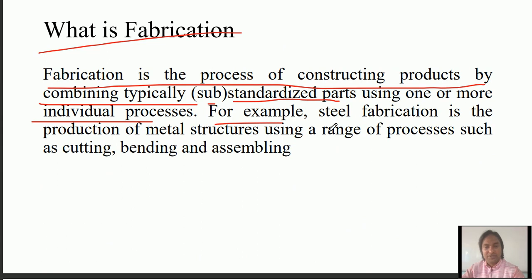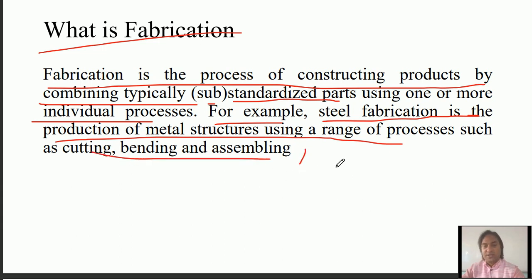For example, steel fabrication is the production of metal structures using a range of processes such as cutting, bending, assembling, welding, joining. When I say joining, welding is automatically included. So any method, that range of processes comes under fabrication.